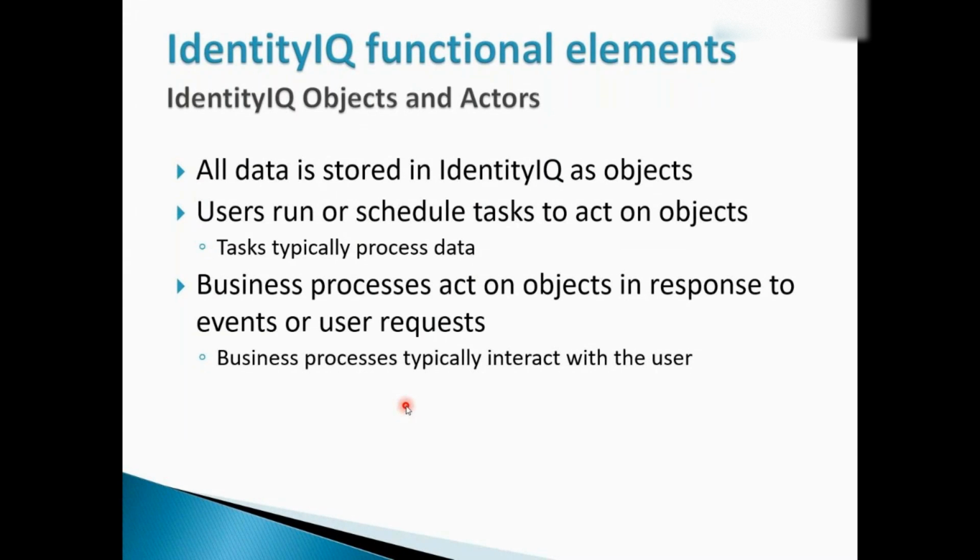Now we need to work on objects, to act on objects. So who will act on objects? Either a user raises a request and that request is converted into objects, or a scheduled task. As you told me, for Active Directory aggregation, how frequently are we running it?